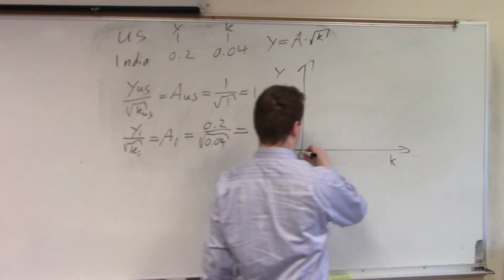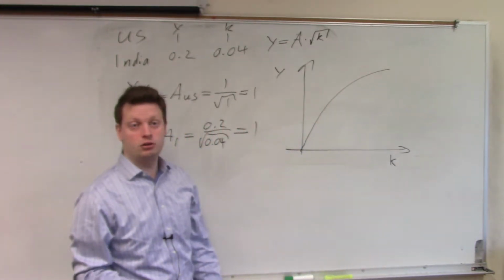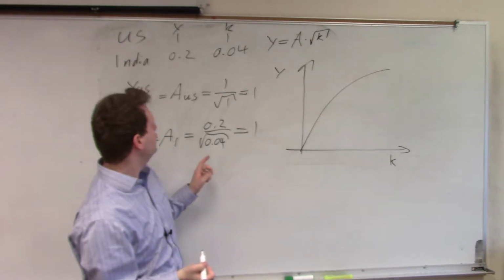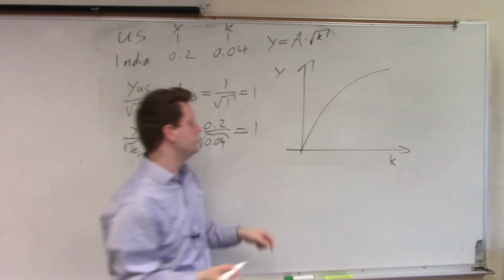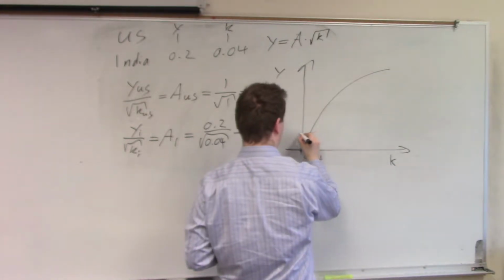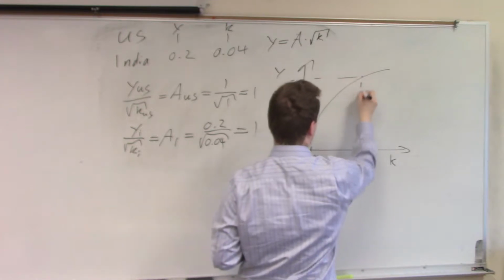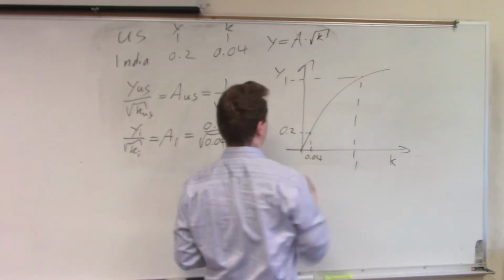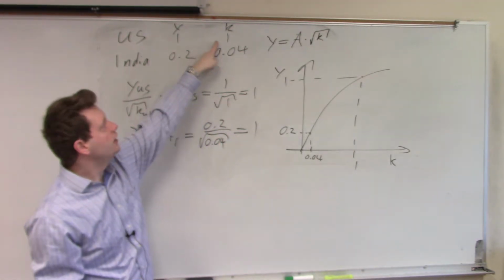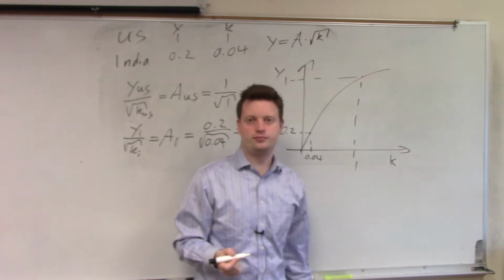So what we will have is only one line, and that is the line for both the US and India. And we will find that India has capital of 0.04 and thus output of 0.2, and the US will have capital equal to 1 and output equal to 1. So the US is way up here.